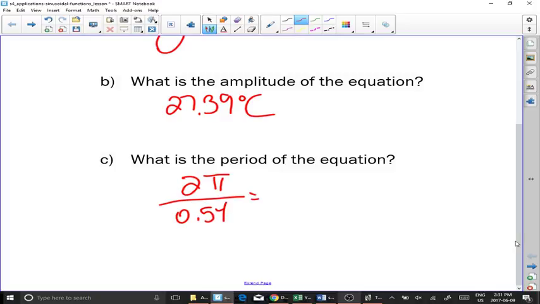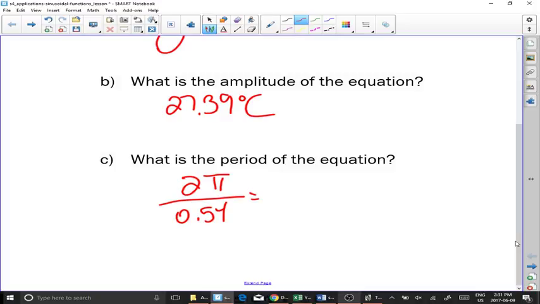So what do we get? What's 2 pi divided by 0.54? What's that? You're right, but what is it numerically?